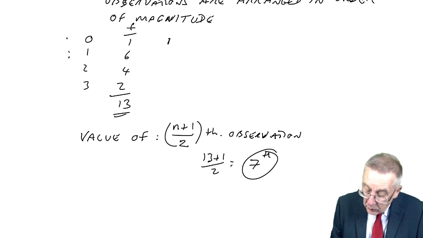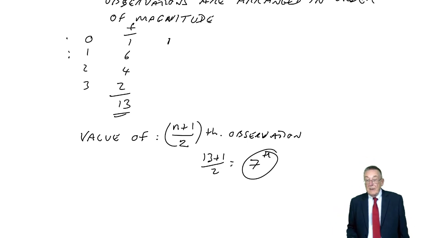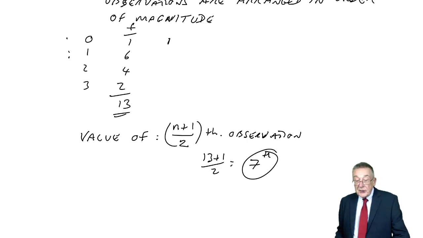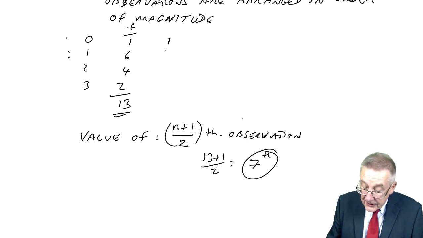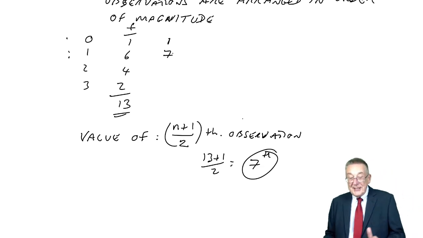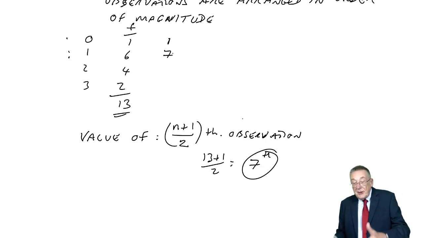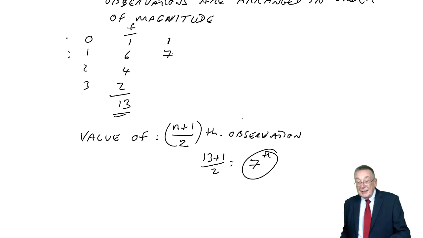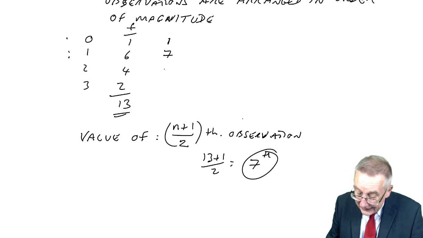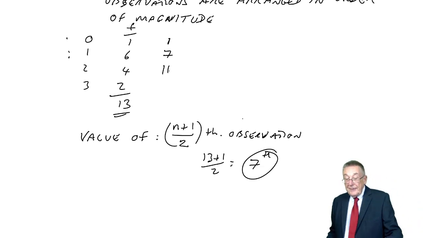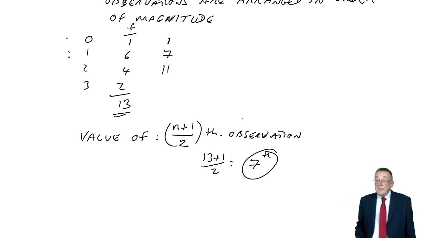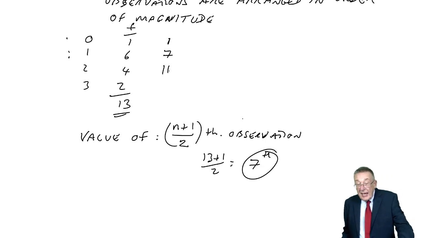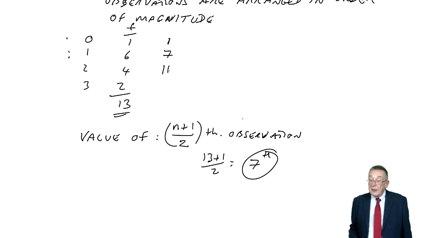At 0, there was 1. When we move on to 1, that's an x6, so a total of 7. So the 2nd, 3rd, 4th, 5th, 6th and 7th were 1. Another 4 were 2, so the 8th, 9th, 10th, 11th observation was 2.